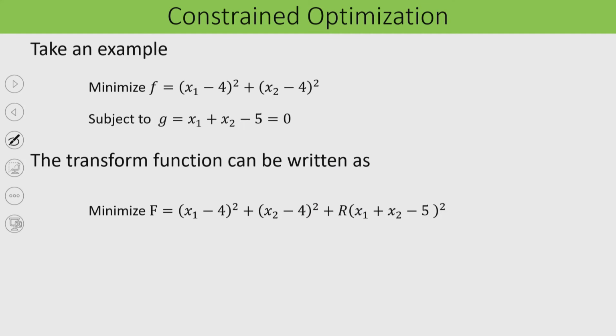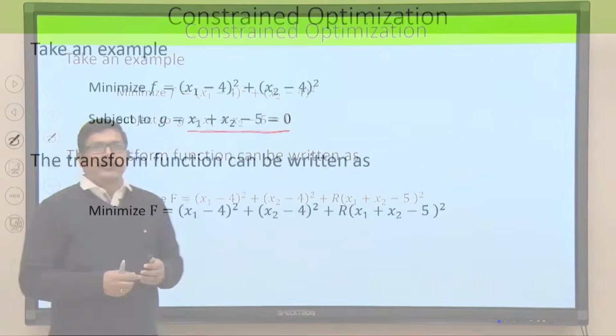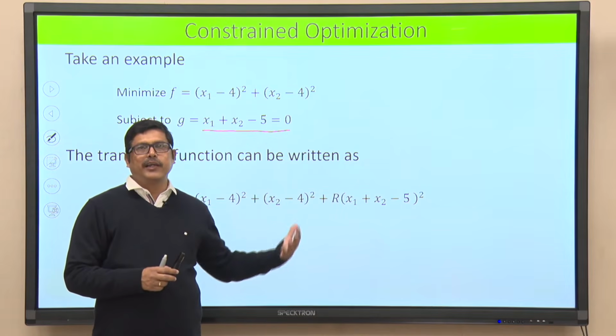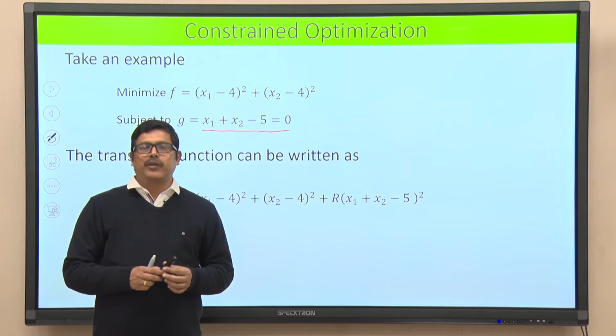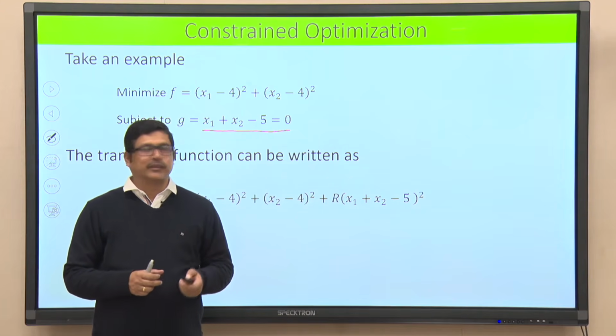Let us take this example problem: minimize f equal to (x1 minus 4) whole square plus (x2 minus 4) whole square, subject to z equal to x1 plus x2 minus 5 equal to 0. Here the constraint is equality type, so I will be using the parabolic function.